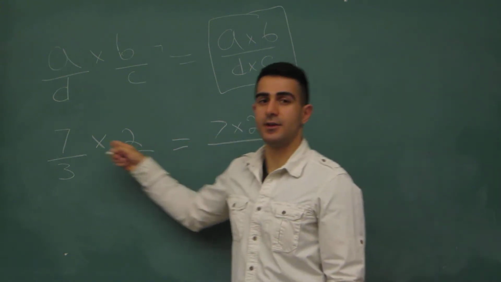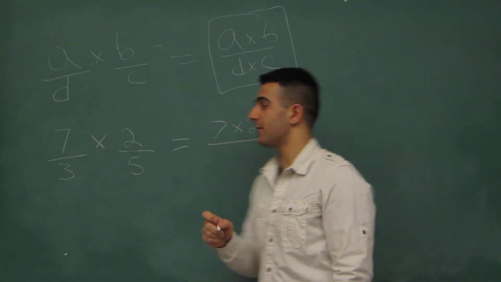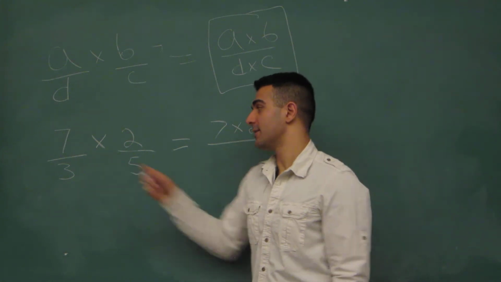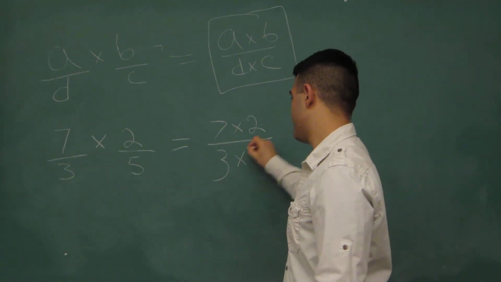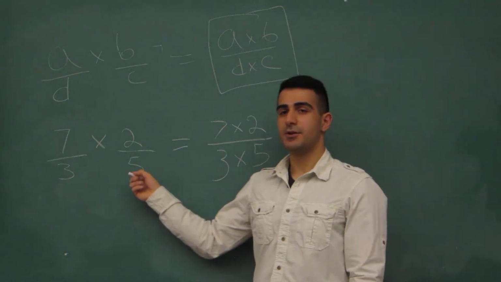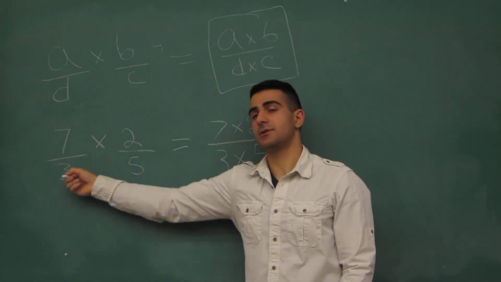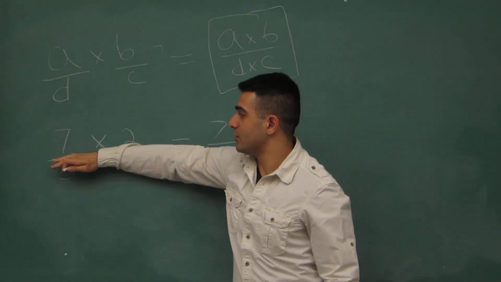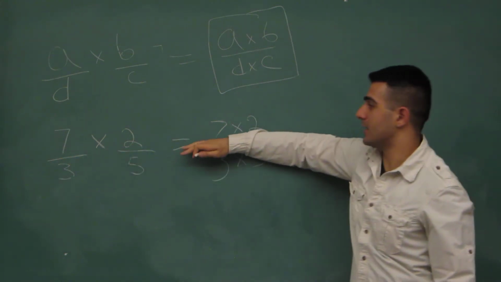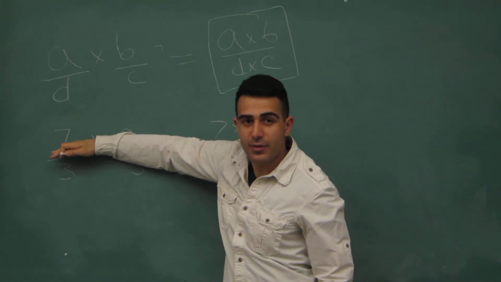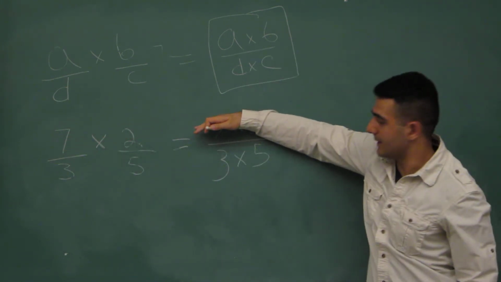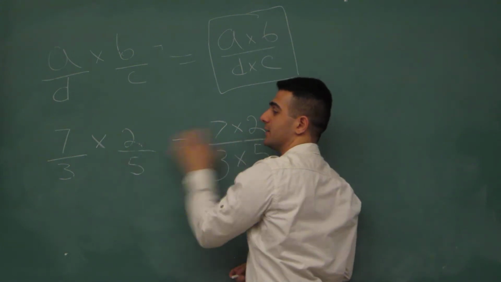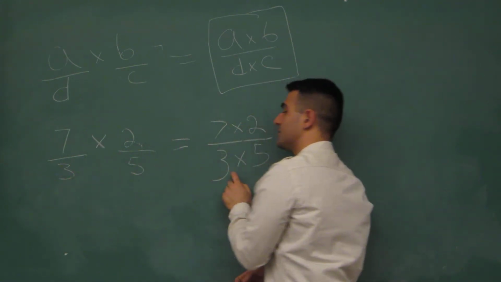We multiply the numerators of the two fractions together, and then in the denominator, it would have 3 times 5, or the multiplication of the denominators of the original fractions. So we have 7 times 2 in the top, and we have 3 times 5 at the bottom. Multiply the tops, put it here on the top, multiply the bottoms, put it at the bottom.